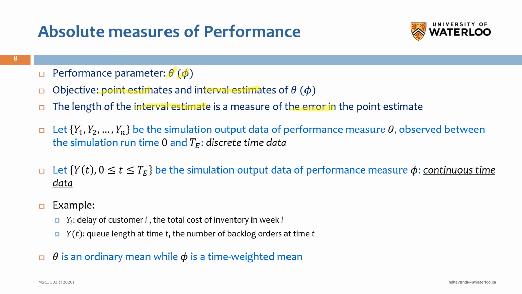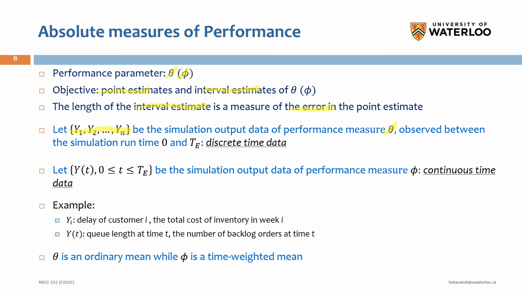Okay, so let's say we have discrete time data, y1 up to yn. So let's say we have n replications in our simulation and we have obtained these n data, for example the waiting time for n customers, or for n replications. Our parameter is theta, so we are going to estimate theta by having these n data.